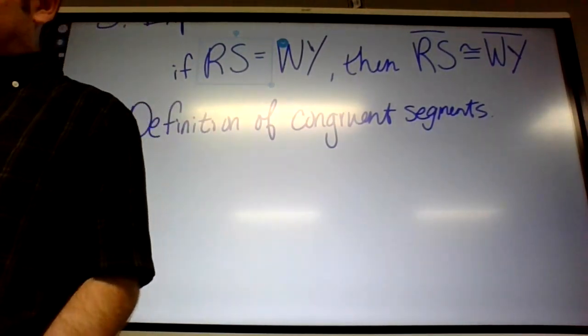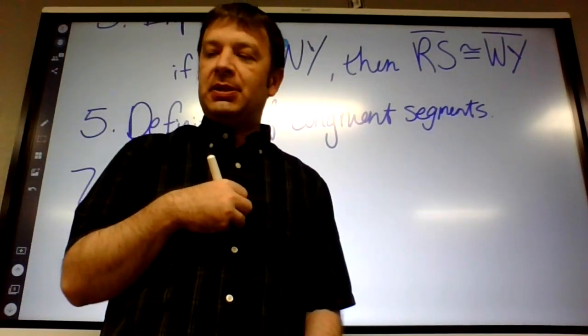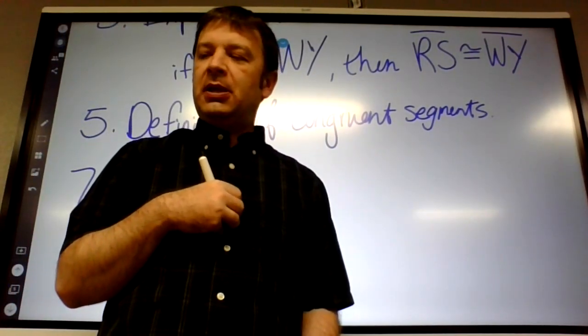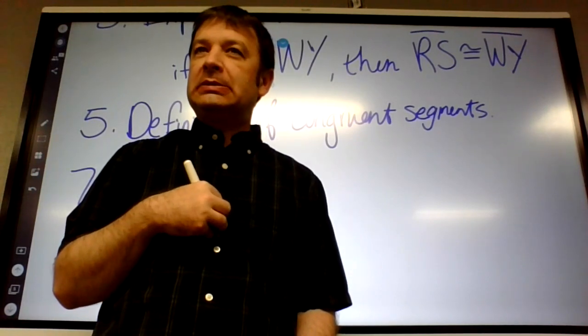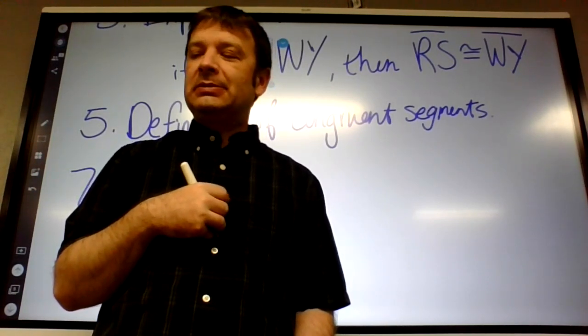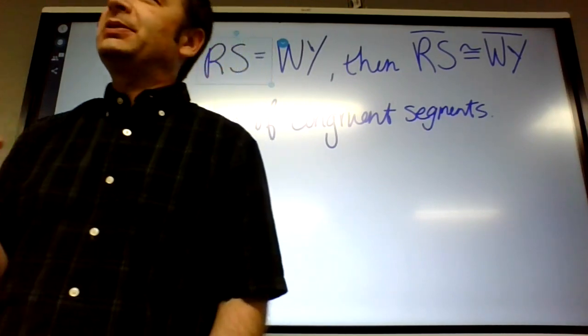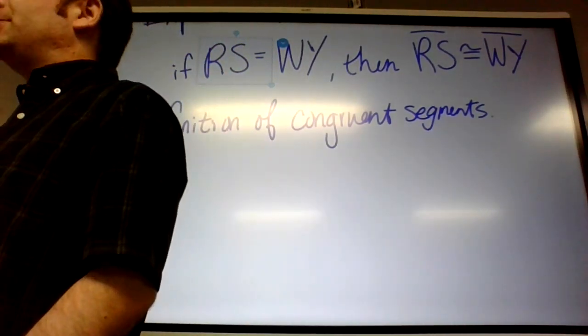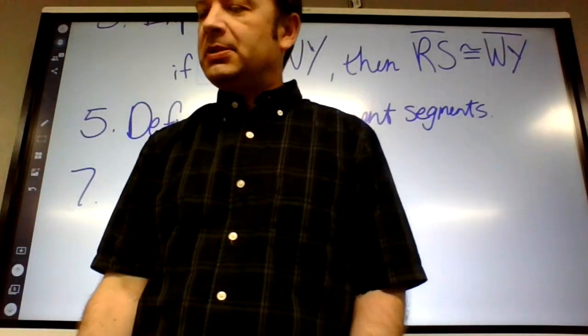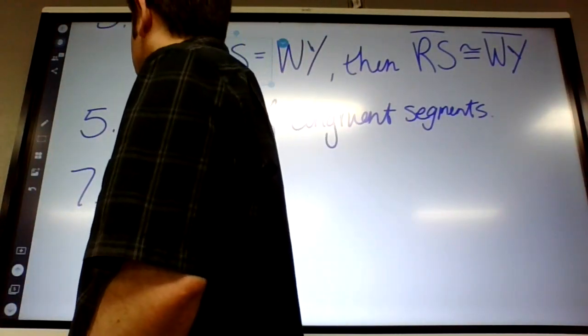If AB plus BC equals AC, then ABC. Okay, what is that telling us? What property or definition is in that? It's the definition of between.